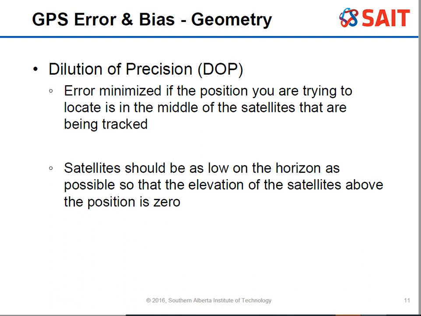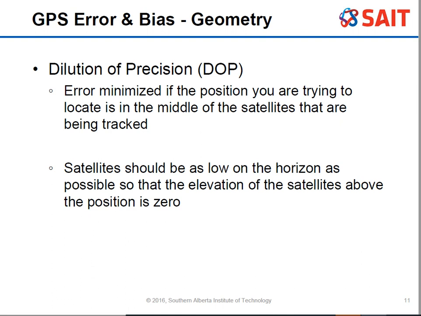I don't really understand what they're trying to say there, but I'm going to state that you don't want the satellites super low, because there's so much atmosphere for the signal to go through that you're going to end up with higher errors because of the troposphere than you are going to be worried about with dilution of precision. So what you want is the satellites to be above about 10 to 15 degrees above the horizon plane.